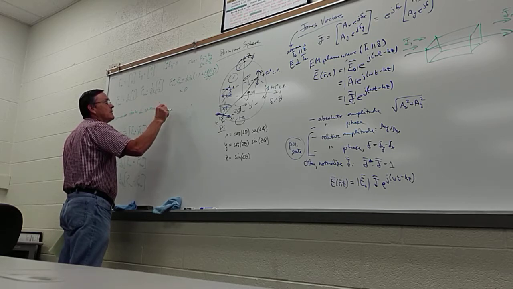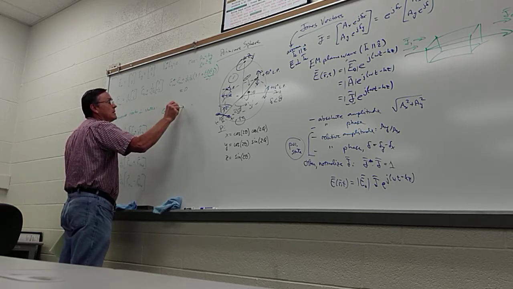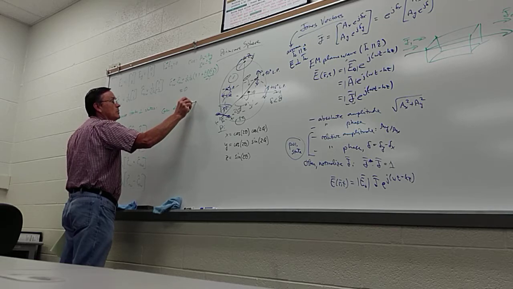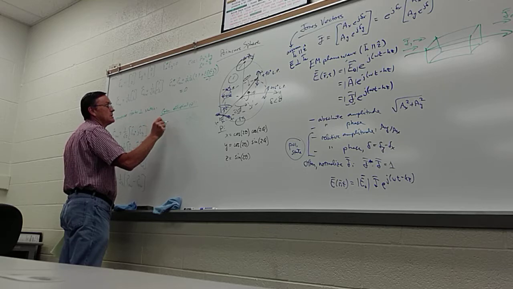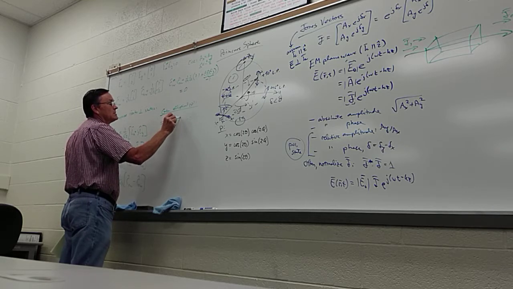Let's write down general elliptical polarization. The Jones vector for general elliptical polarization is cosine of psi, sine of psi times e to the j delta.